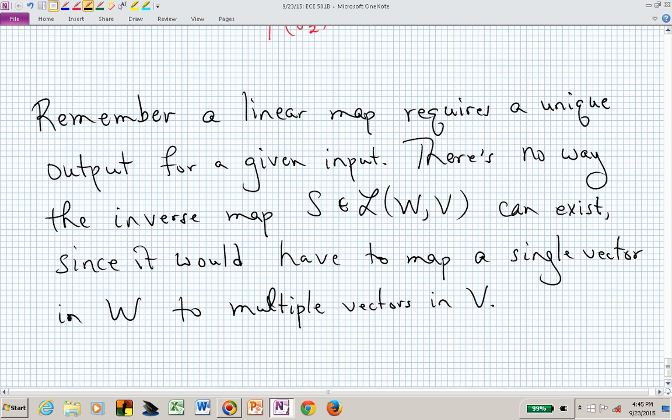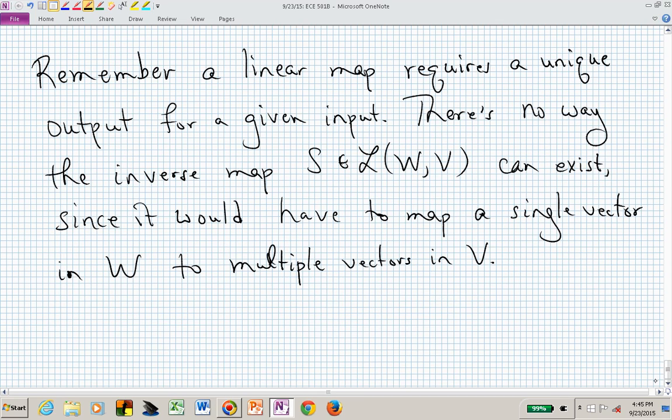A linear map requires a unique output for a given input. Now we're giving S an input W1. It can't have a unique output if it was a linear map for this case. So you could sort of view this from two different ways as far as that diagram.